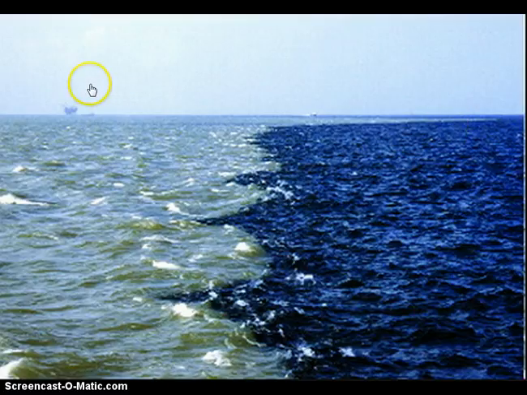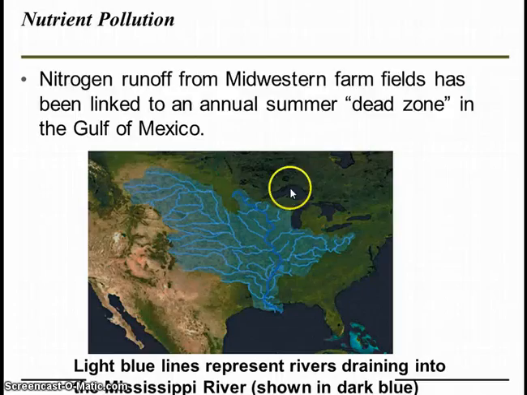There were some videos that showed the dead things in the dead zone, seafood, crabs, fish, but I didn't think that was necessary for you to get the picture. So what can we do to decrease this issue? You can think about planting more trees in your yard, more grass that has deeper roots, decreasing fertilizing, decreasing pesticide and chemical use.